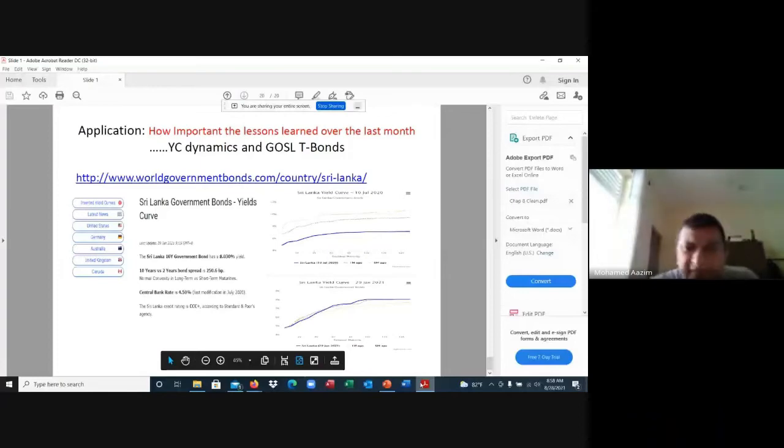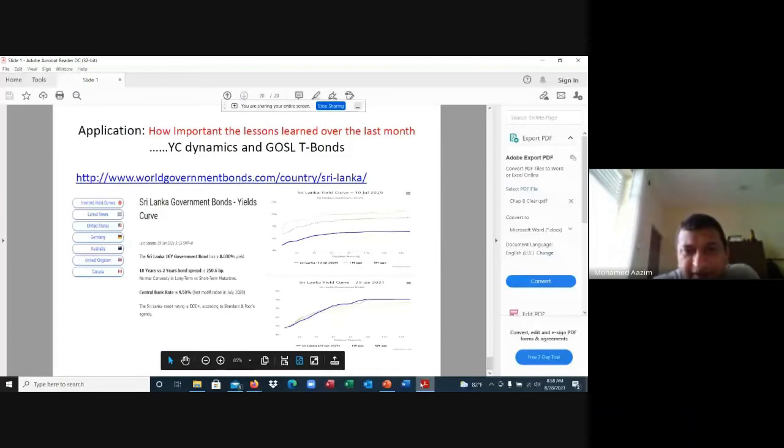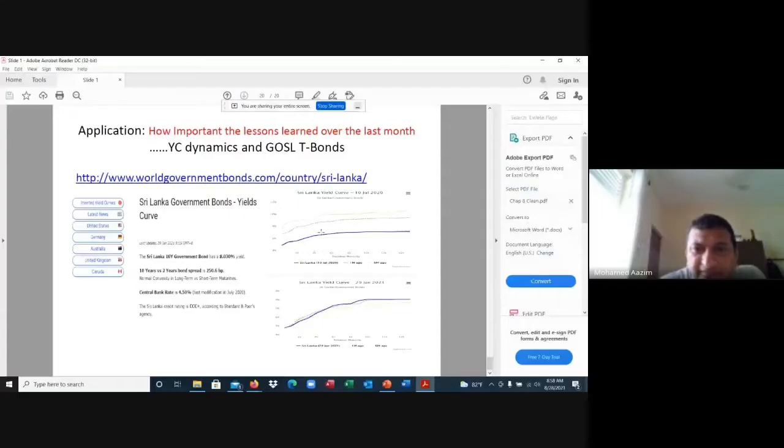This is an application of some of the things that you learned in terms of yield curve dynamics in the previous lectures. You can see that the yield curves we were looking at about a year ago, this is 2020, have come down significantly.